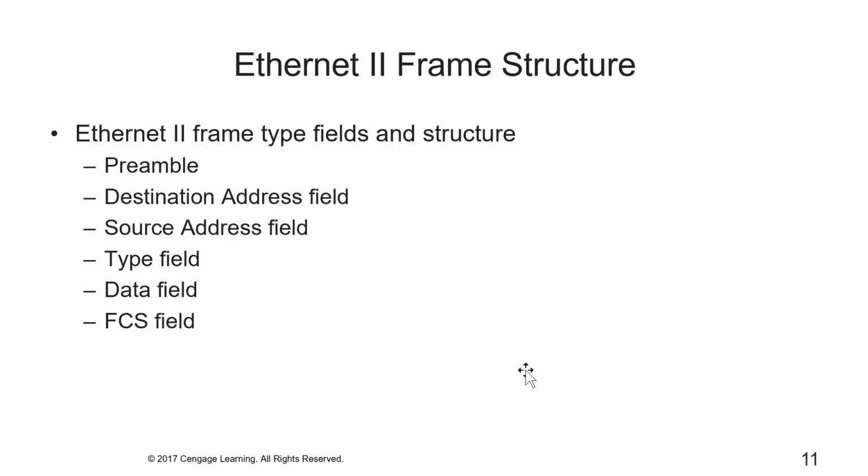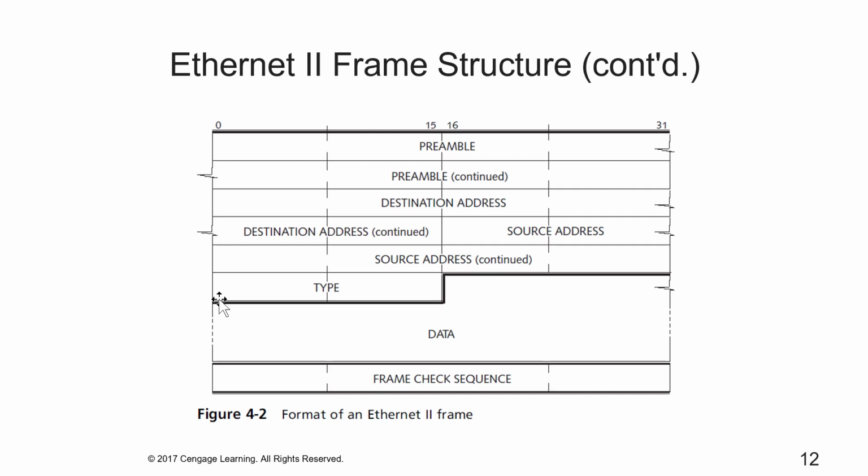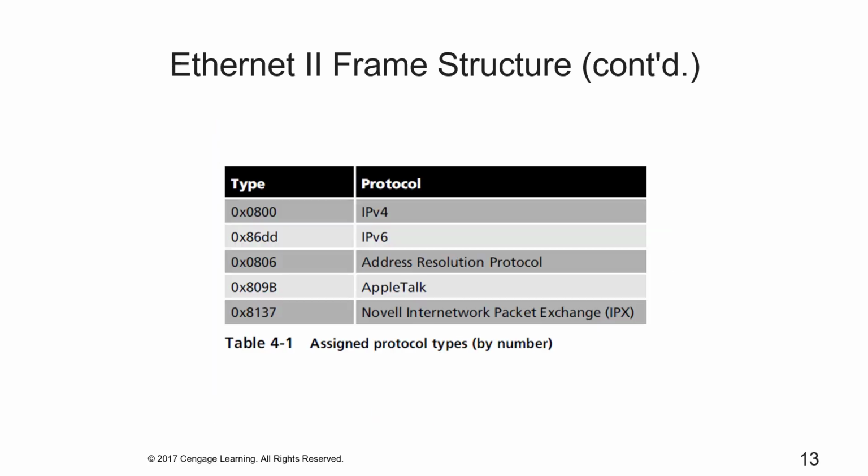And again, Ethernet 2 is the most frequently used frame encountered, and Windows can be explicitly configured to use this frame type. Here's another view and a graphic of the Ethernet 2 frame structure. And here are the various assigned protocol types.